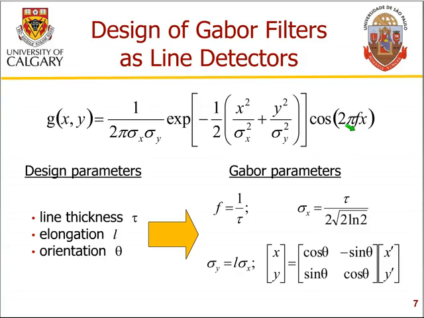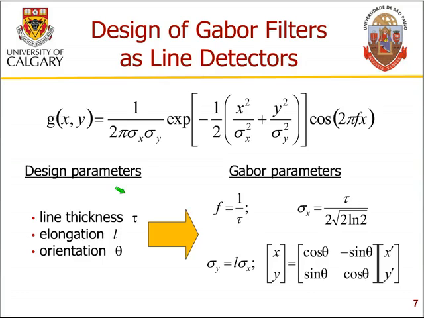In the design that we have developed, the input given by the user is in terms of the thickness of the line to be detected, if you want to detect linear features. If you want to detect edges, then the thickness could be set to be very low. But if you want to detect objects of different thickness, then you have to set the factor tau according to that.